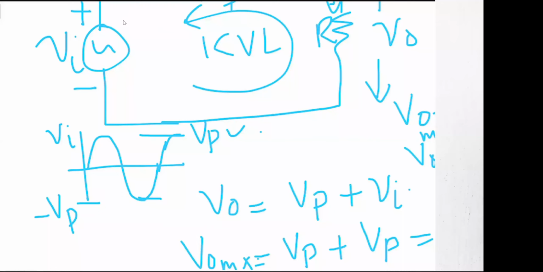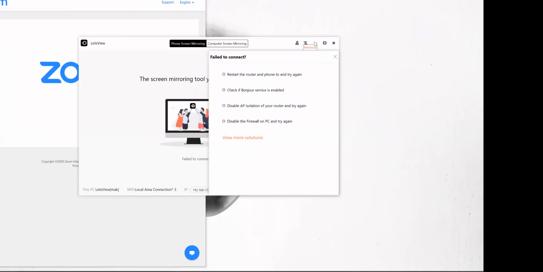So what is actually happening here is that we are shifting the DC biasing of this circuit by a value equal to Vp. So now the signal has been shifted.